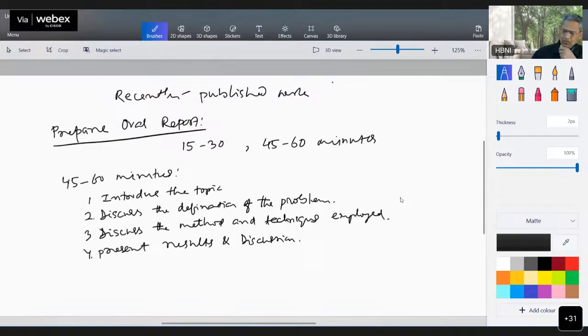But if it is 15 to 30 minutes, then many of these informative items you can minimize, like methods and techniques used can be presented briefly, but much of the time you should keep for results and discussion, and also future direction.